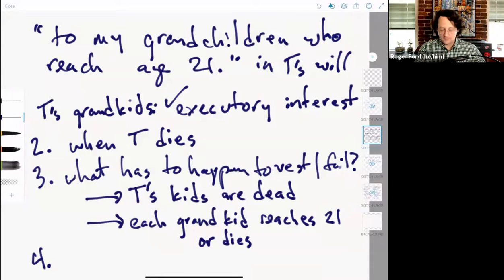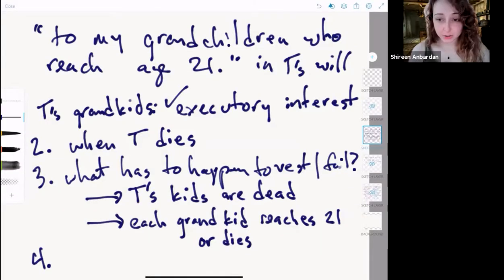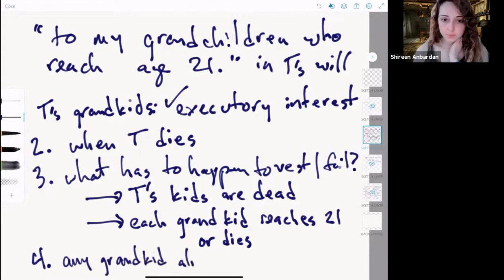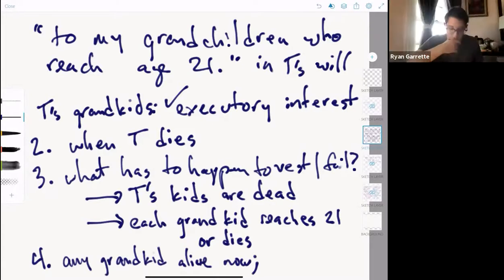Ms. Amberden? I think it would be any of the grandchildren who are currently alive when the will is executed. Okay. Mr. Garrett? And T's kids, if they haven't already had children yet. Well, and they could have more children.